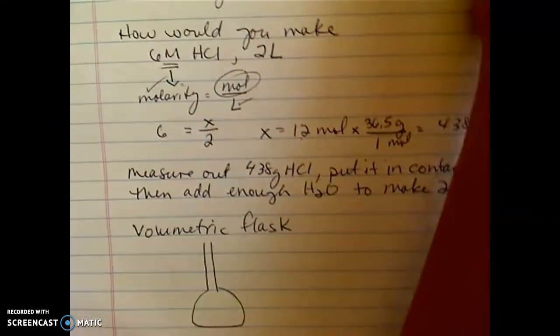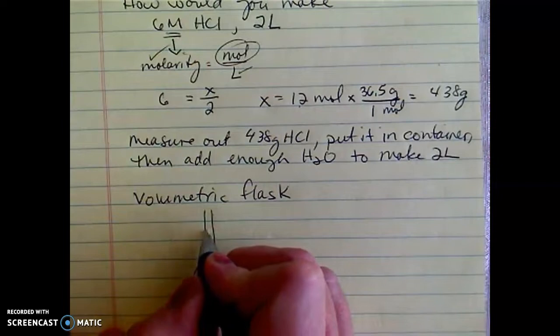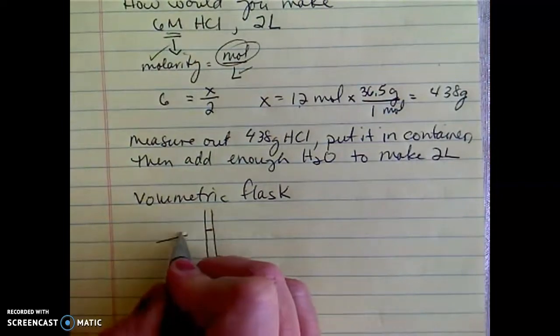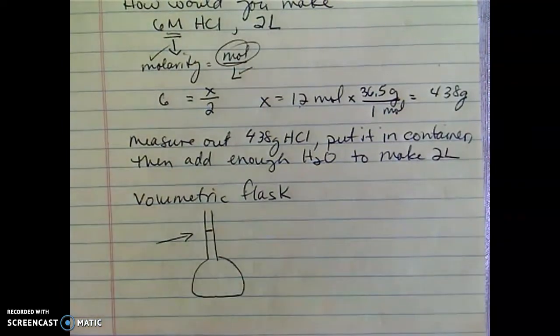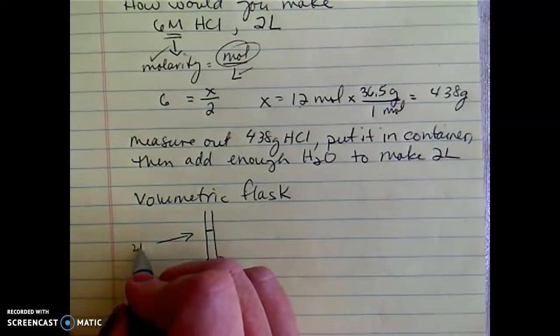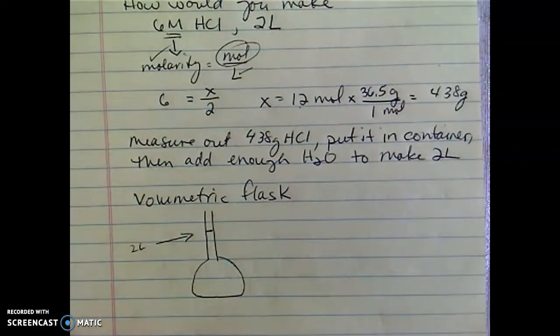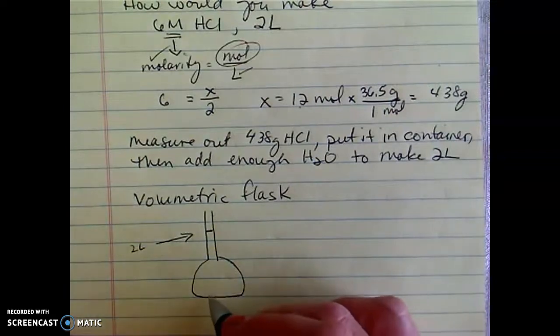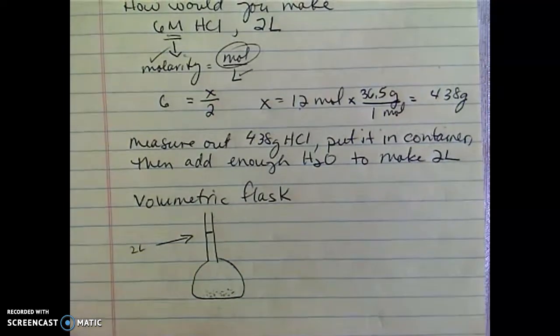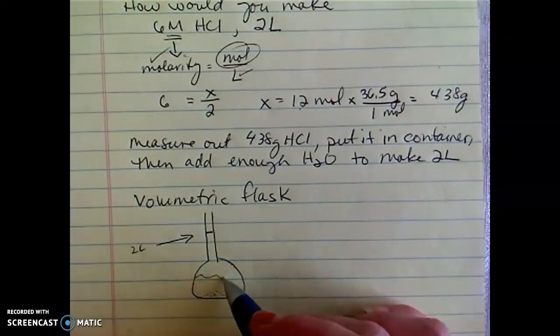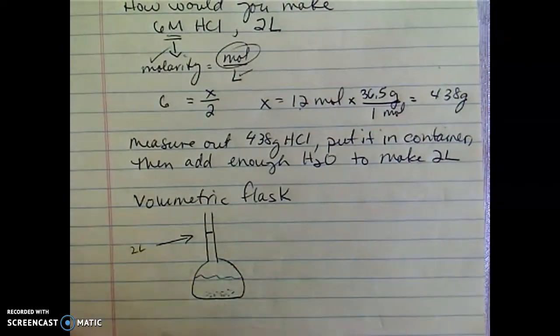And it has a special little line on it. So if I fill that, that's the amount that I want. So if this was a 2-liter container, that little line would be the 2-liter mark. Okay. So you would add your solid in here. You'd put that in first. Then you'd fill it about halfway and swirl it until it dissolves.